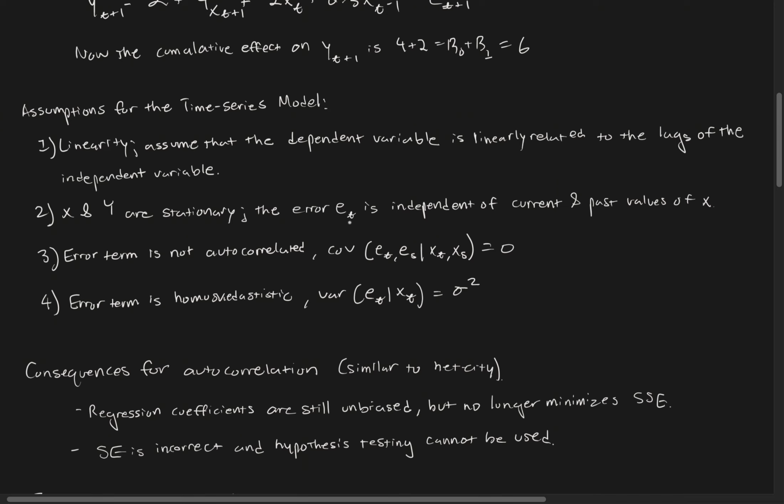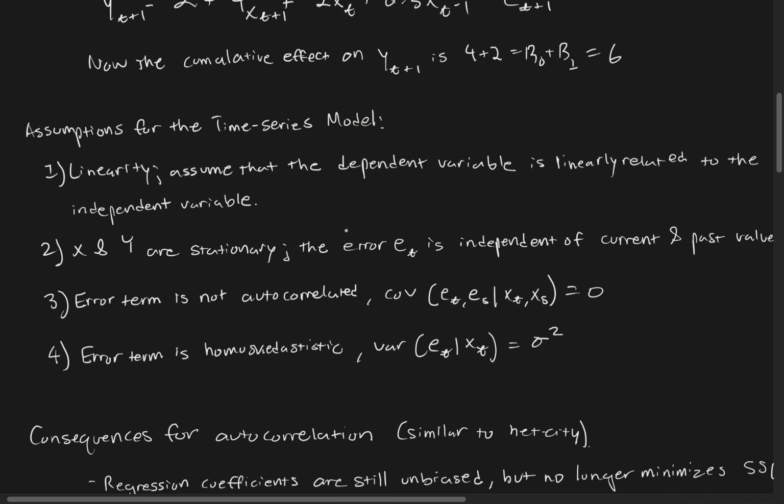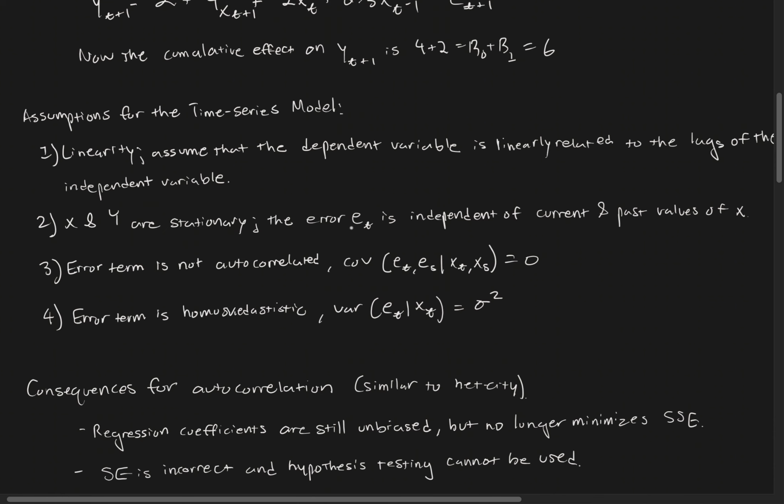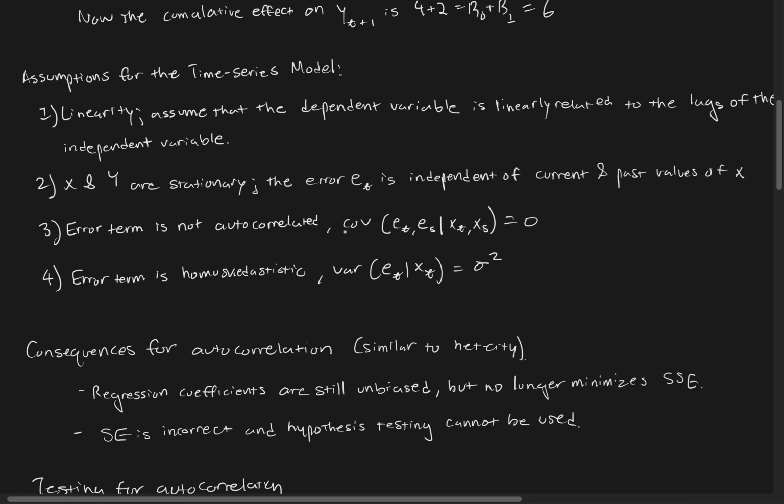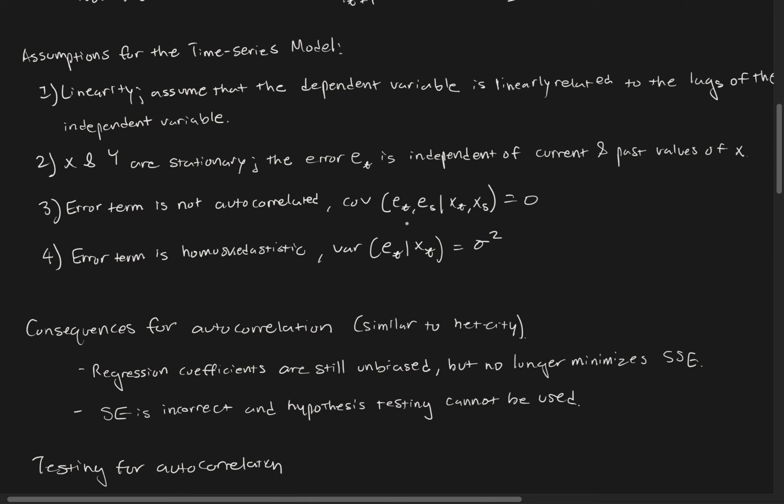So we already went through this graphically, but pretty much no correlation between the error and the x. The error term is not autocorrelated, so errors can't be related to one another, which is similar to heteroscedasticity. And the error term is homoscedastic, so it's constant.